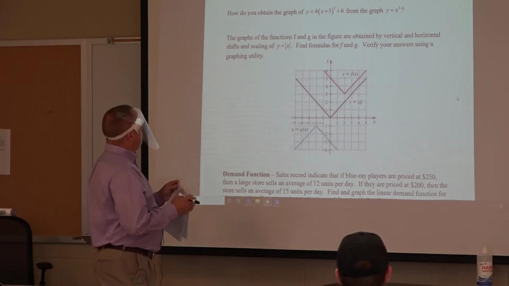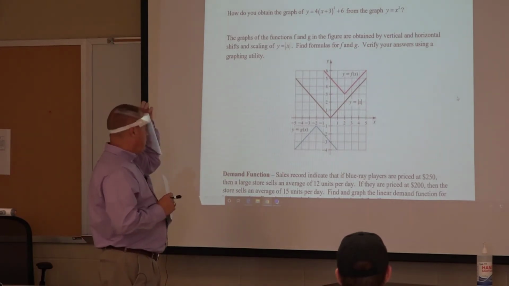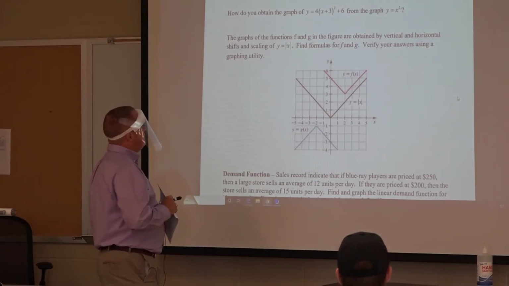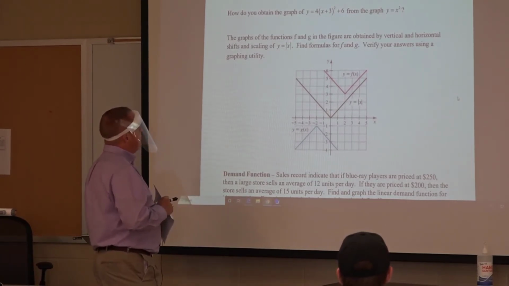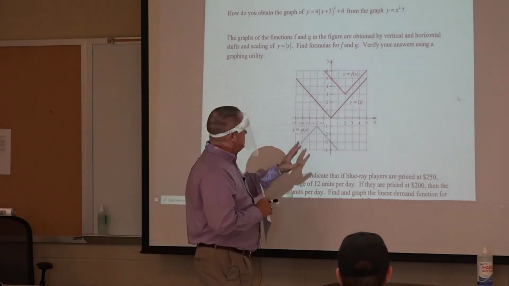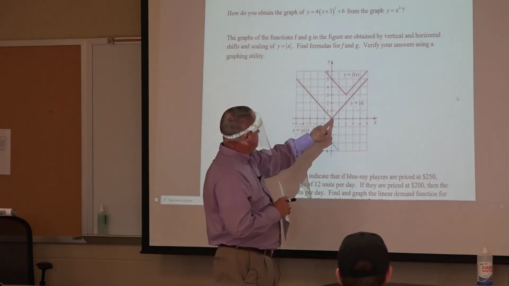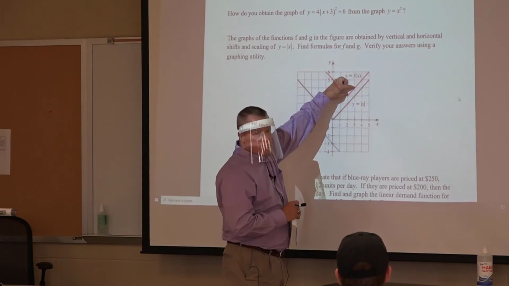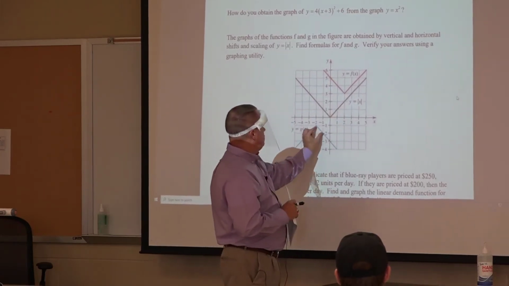All right. The graphs of the functions f and g in the figure are obtained by vertical and horizontal shifts and scaling of y equals absolute value of x. Find formulas for f and g. Okay? So it looks like these are rigid shifts because we go here to here, same thing here. So it looks like it hasn't been stretched any.